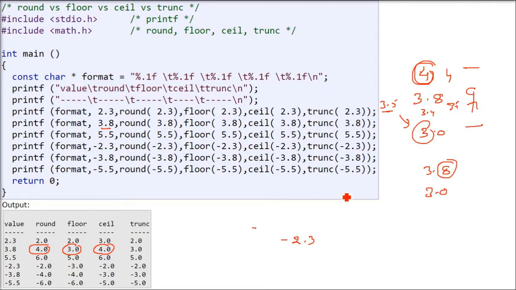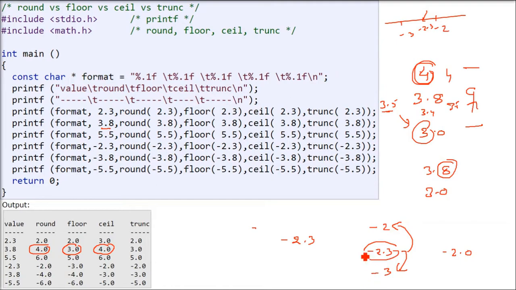Now I am taking a negative number, minus 2.3. If you see in the number line, for negative numbers the values change, because for minus 2.3 the lower value is minus 3 and the higher value is minus 2. So minus 2.3 is here. What is the floor? It's minus 3. Ceiling is minus 2. When you truncate it, it's simply minus 2.0, vanishing the decimal part.